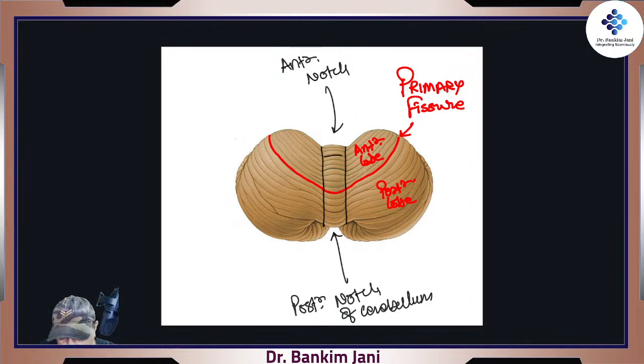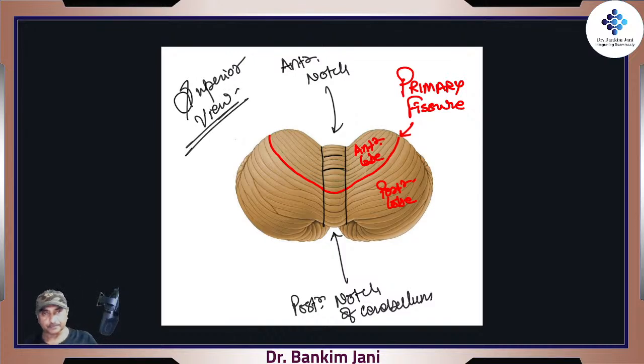Now this vermis which is over here is divided into several parts, right? And we'll see to that. By the way, which view could this be? This is anterior posterior, so this is a superior view, right? Always be oriented properly. This is superior view, right? So where we see the things properly.